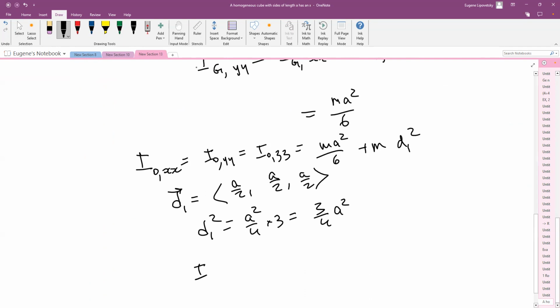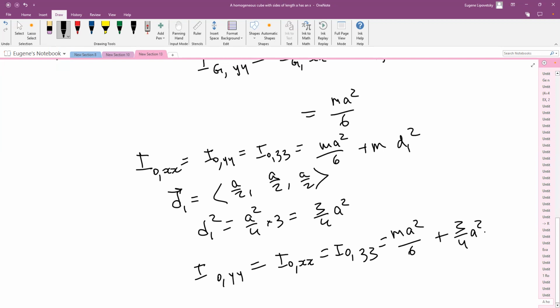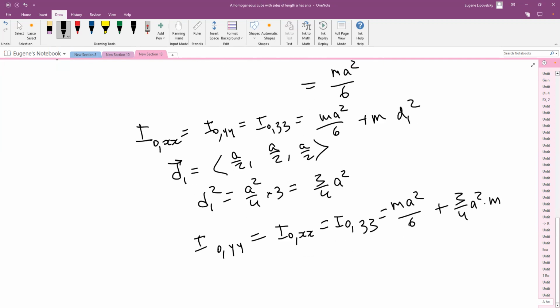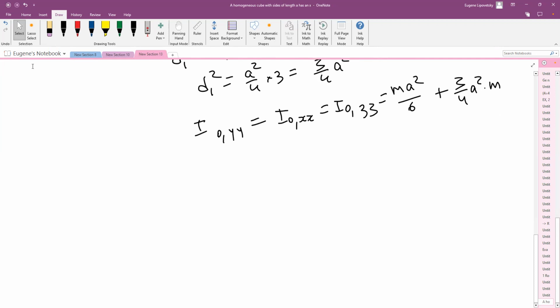So the result is I_O YY equals I_O XX equals I_O ZZ equals M A squared over 6 plus 3/4 of A squared times M. And that will be M A squared times 1/6 plus 3/4.